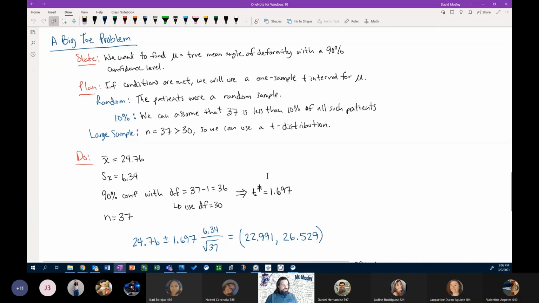Does anyone want me to show how we get this t star value using table B? Okay.